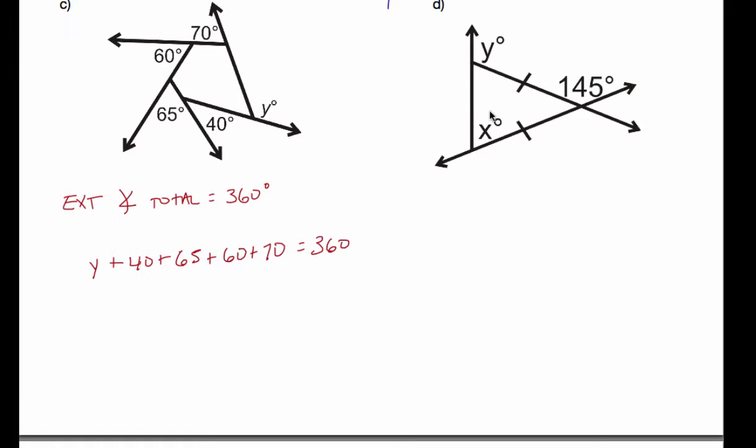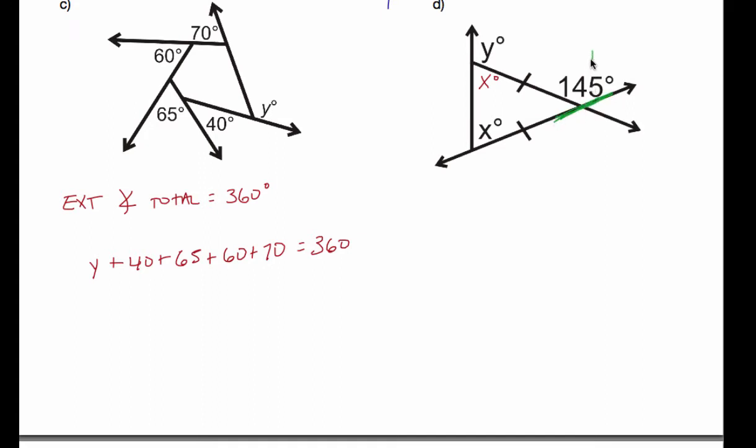Same thing here. So here, a little bit trickier, right? First of all, let's notice this triangle here is an isosceles, so this is actually going to be x here also. Why does that help us? Well, if we can find one of them, we know the other one, and then these are a linear pair. This one takes a little bit of reasoning. This line here is 180 degrees.